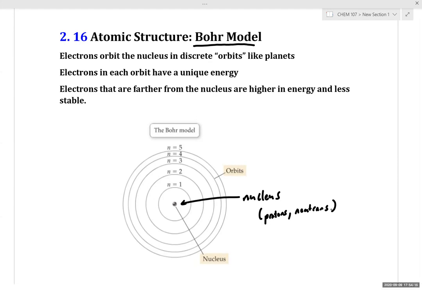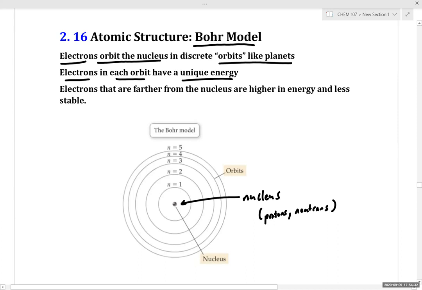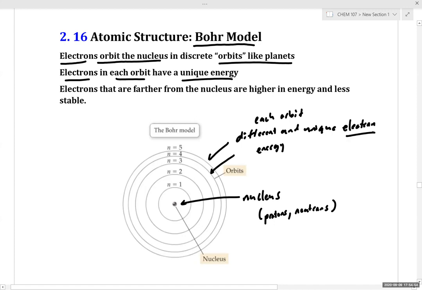So the main feature of the Bohr model is the electrons will orbit the nucleus in discrete orbits, almost like planets. You can think of it like the planets orbiting the sun. Electrons in each orbit have a unique energy. So each of these orbits has a different and unique electron energy.